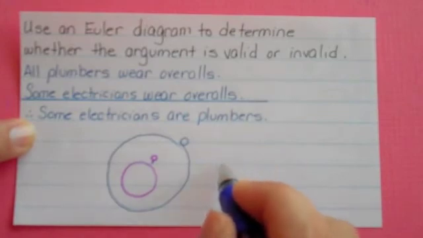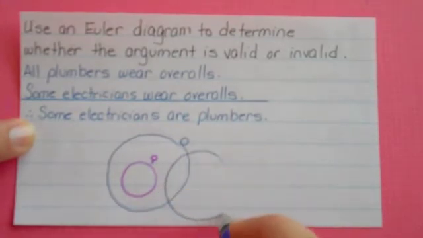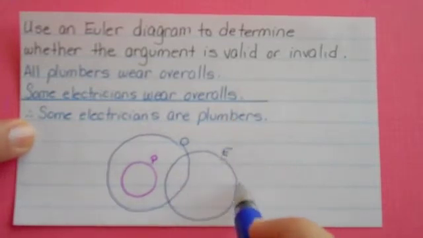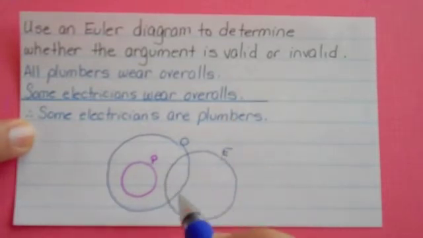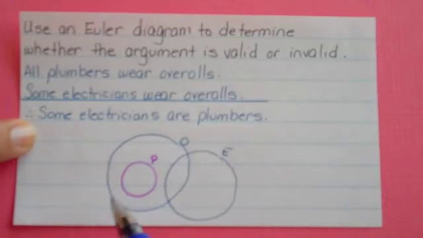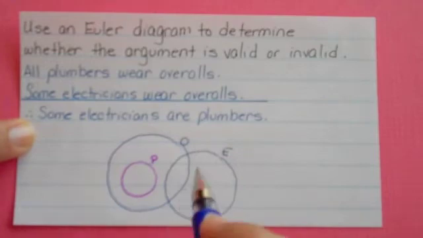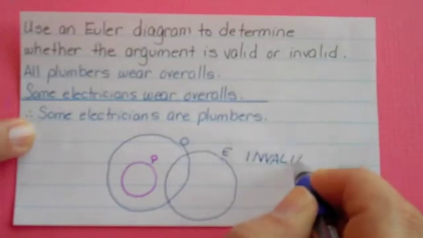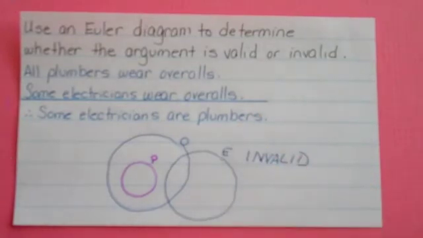And sure enough, if I put a circle for my set of electricians right here, I've shown that some electricians wear overalls. And I've disproved this conclusion that says some electricians are plumbers, because electricians and plumbers do not overlap. So we can say that this is invalid. And remember, we were trying to disprove the statement.